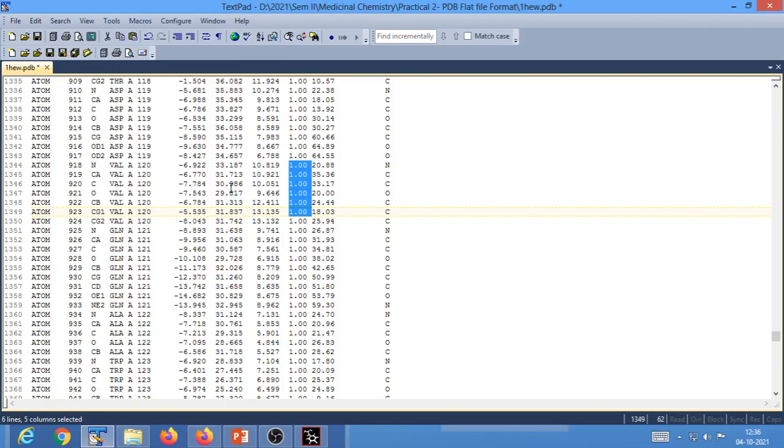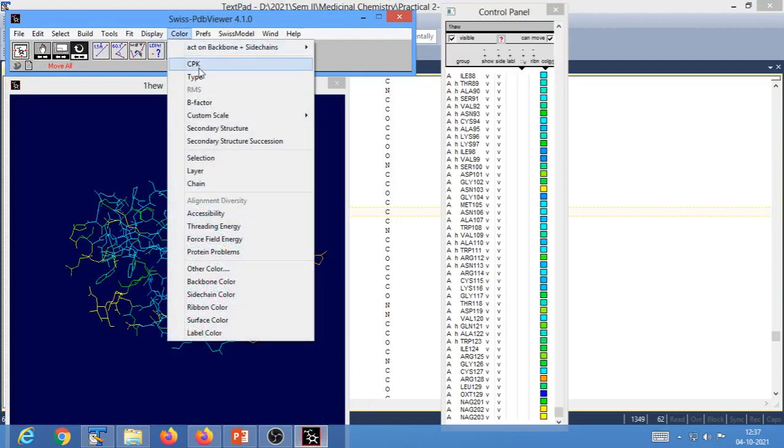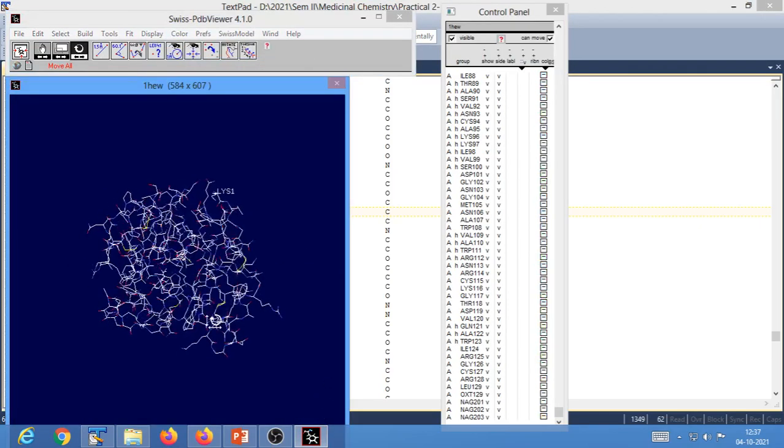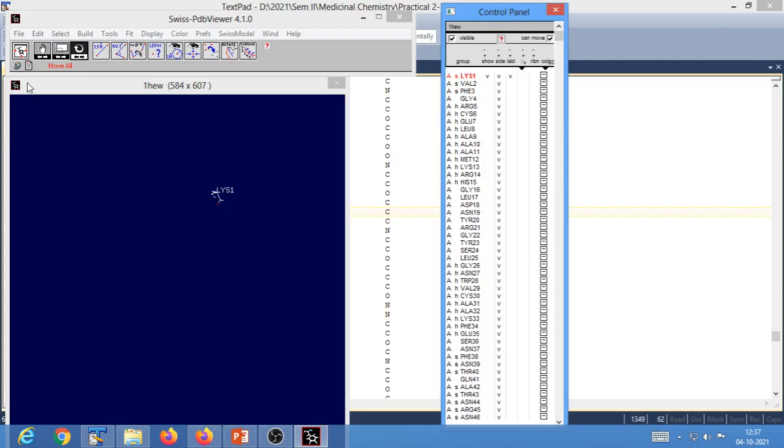That is what it indicates. Okay, so this is how your data is arranged in your PDB flat file format. One more thing that you might have noted. I would again color it back to CPK. Again, let us focus on the first lysine.